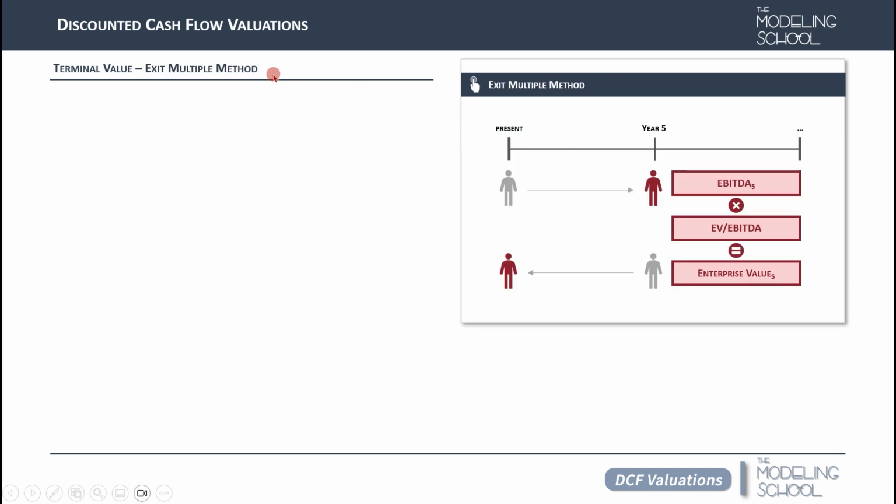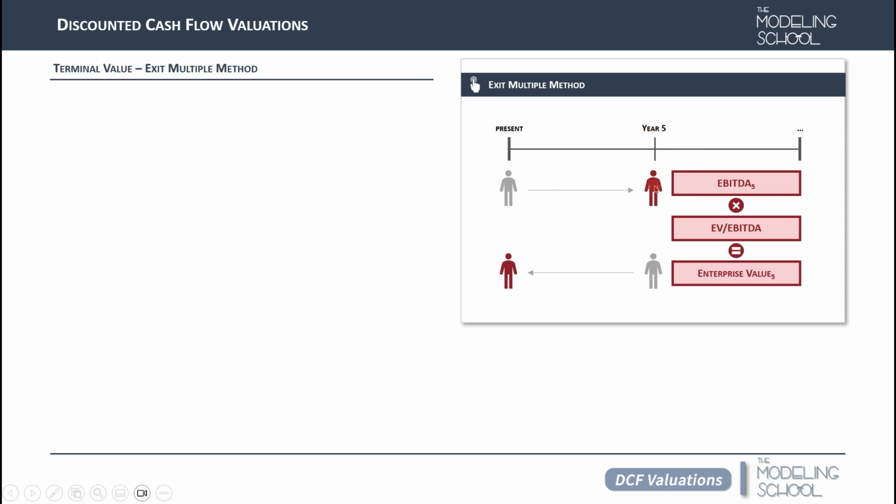And next, I'm going to briefly explain the second method for calculating terminal value. It is the exit multiple method. So remember when we studied trading comps or transaction comps? We're going to imagine that we're riding a time machine to year 5, and let's imagine that we're doing a comps valuation at year 5.